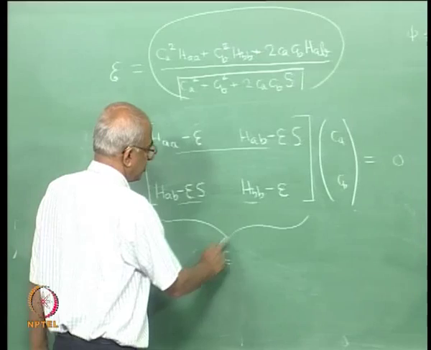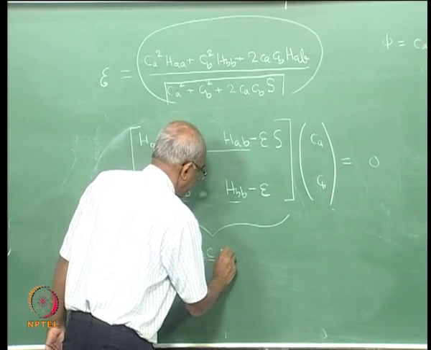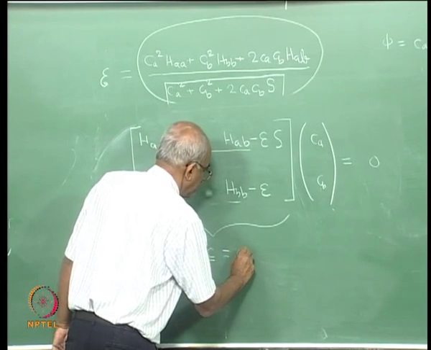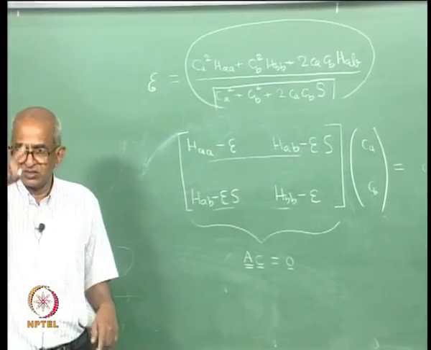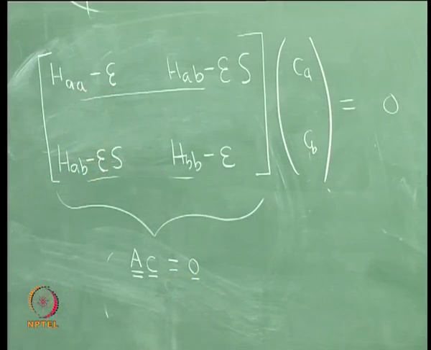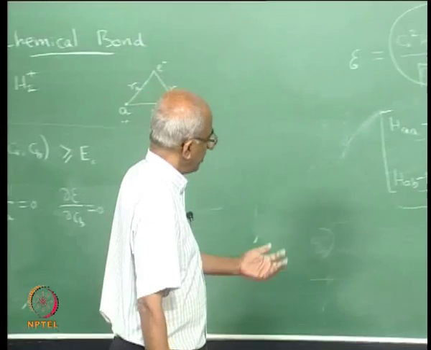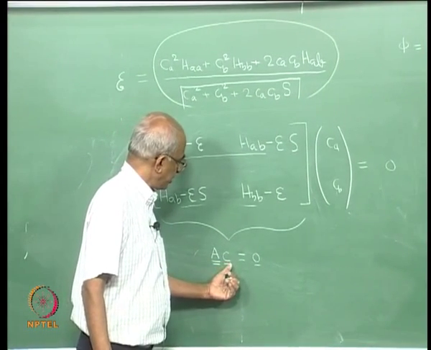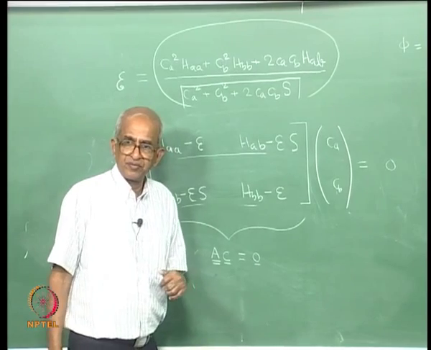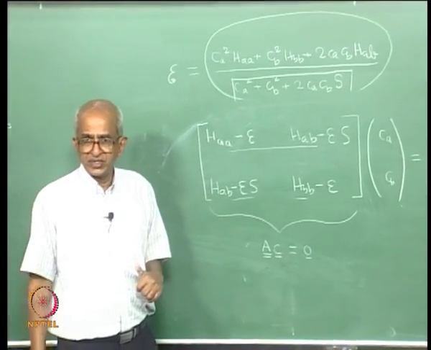And so, this is the form of this equation, A into C is equal to 0, and strictly speaking I should put an underline there to indicate that it is a column, correct. It is a column of 0 and 0. So, you have a square matrix multiplying a column matrix equal to 0, that is the form of this equation.